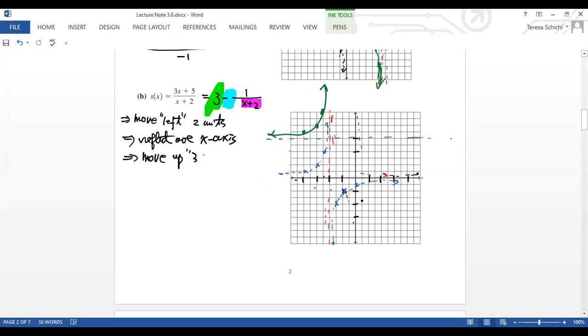Okay, let's take a look at the bottom ones here. So this one moves up 3. So 1, 2, 3, move up to here, right? And this one moves up 3. So 1, 2, 3, move up to here. This one is 3, 1, 2, 3, move up to here, right? So remember your red asymptote and green asymptote. So this function will go like this.